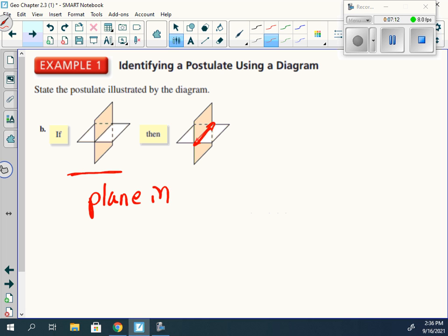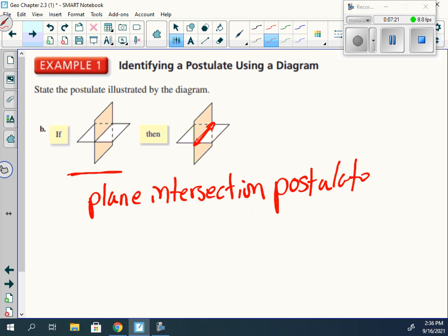Plane intersection postulate. Because if two planes intersect, their intersection is a line. Questions on this here? We good with this here? Okay.